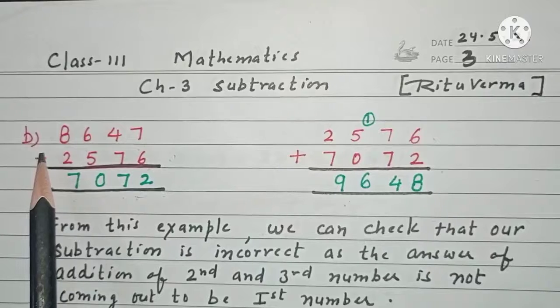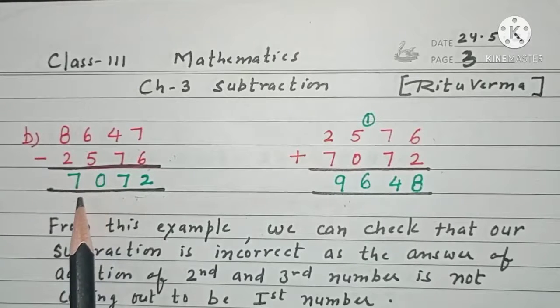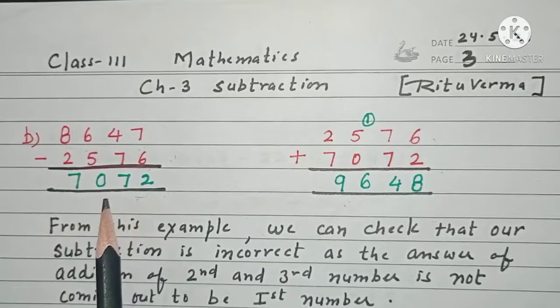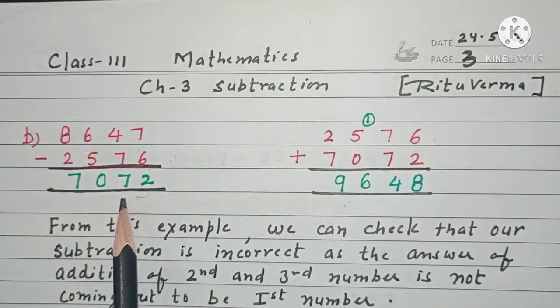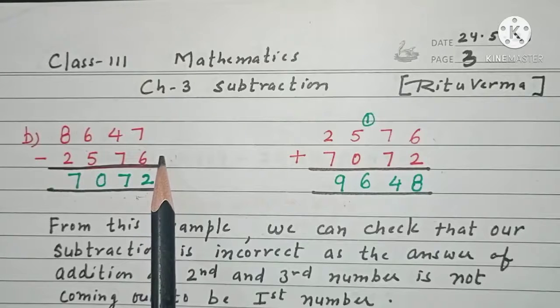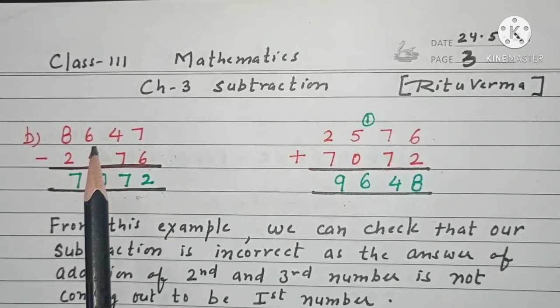Let us do one more example. Now, the answer of the subtraction given to us is 7072, and we need to check whether our subtraction is correct or incorrect. So what we'll be doing, we'll be just adding the second number and the third number. If the answer comes out to be the first number, then our subtraction is correct.